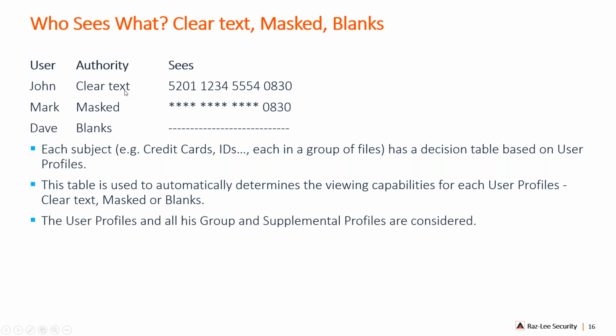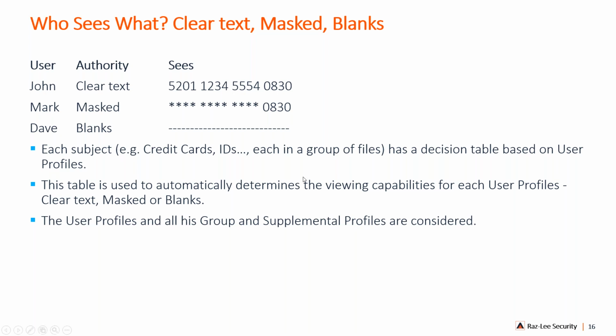We do not have to decide for each field in each file who will see what, because in most cases the same business item, should it be a credit card, a piece of medical information, or the ingredients of some formula, usually appears in many places, and the authorization is similar.